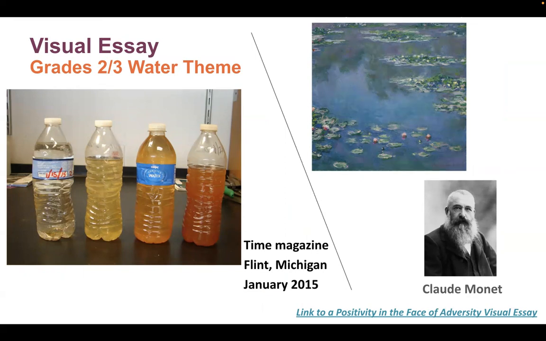We had the Flint, Michigan issue with the water that was toxic, and this came from Time magazine in 2015. And so we shared that. So inspirations during this curiosity can come from so many different places as you explore. And if you go to this presentation, you'll be able to see another visual essay about this idea of positivity in the face of adversity.